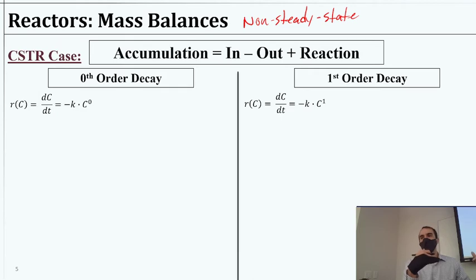If you have non-steady state, then you're either depleting it over time or building it up over time, right? So it's not about how much is going in or out. It's about the fact that it's accumulating or not. If it's accumulating one way or the other, positive or negative, then it's not at steady state.